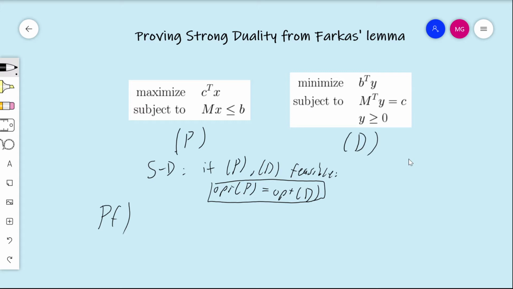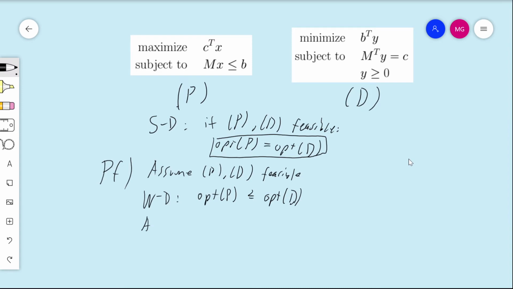Our proof will be like this. Let's assume the hypotheses first of all. So assume the primal and the dual are feasible. And we already have weak duality. Weak duality tells us that the optimal value of the primal is at most the optimal value of the dual. So let's assume for contradiction that they are not equal.